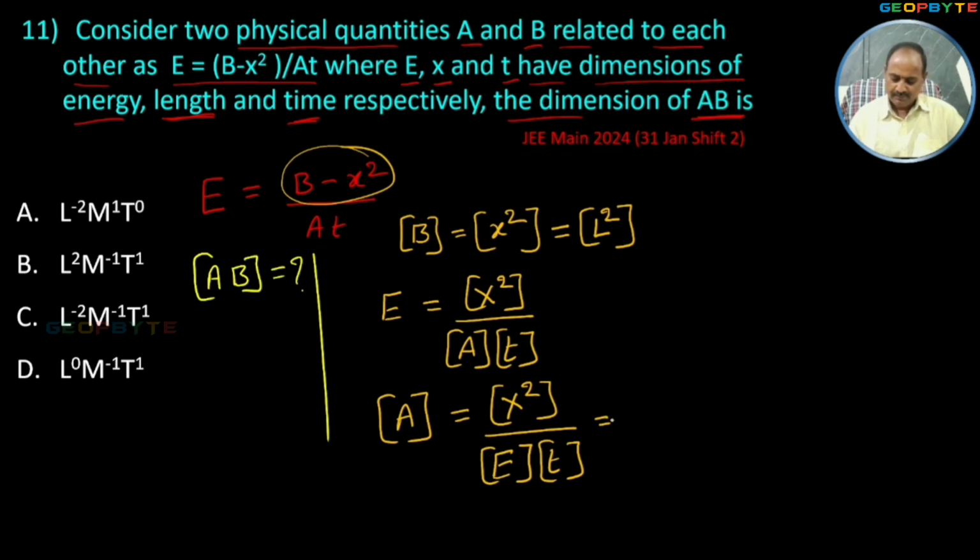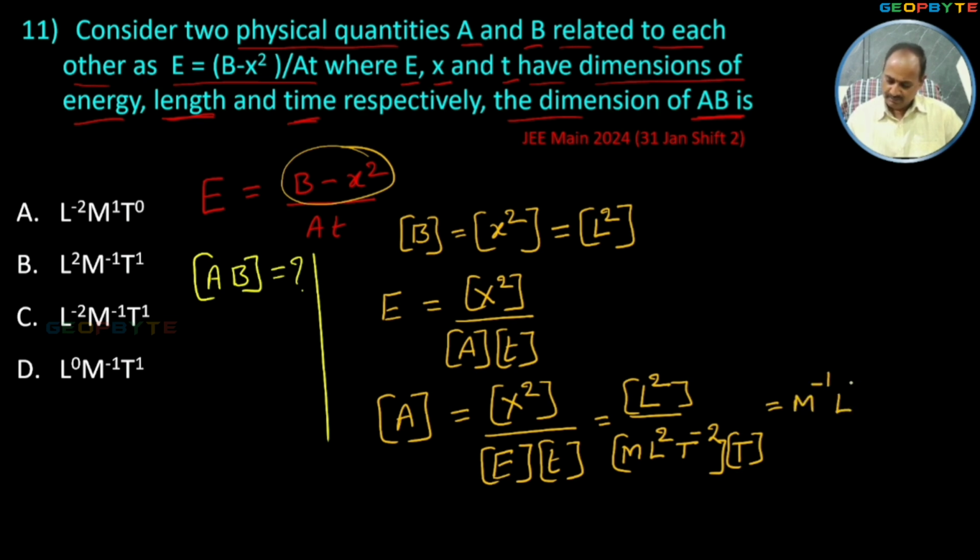Let me write the dimensional formula for all quantities: L power 2 divided by E, the energy dimensional formula M L squared T power minus 2, times T. Now you simplify it. M power minus 1, L power 0, T power plus 1. That is the A dimensional formula.